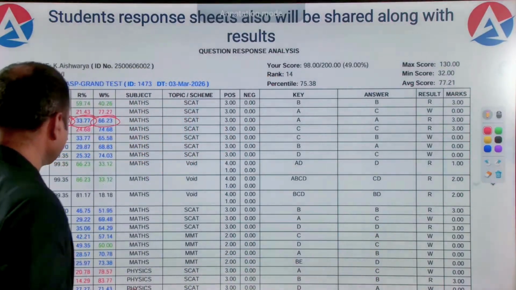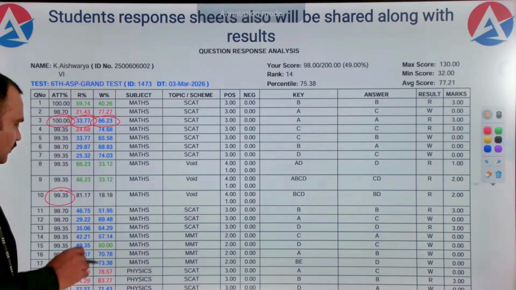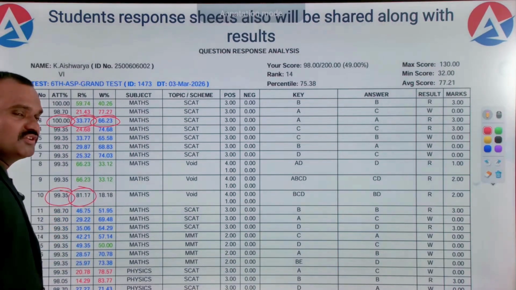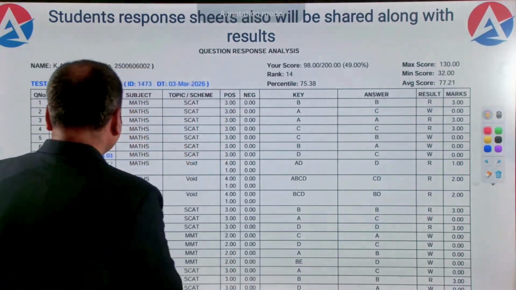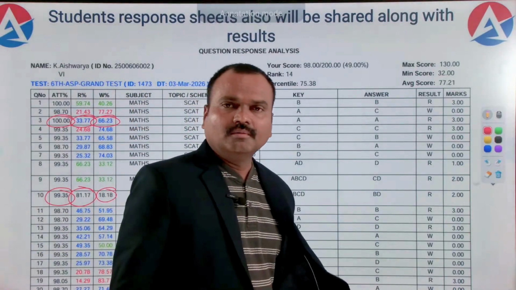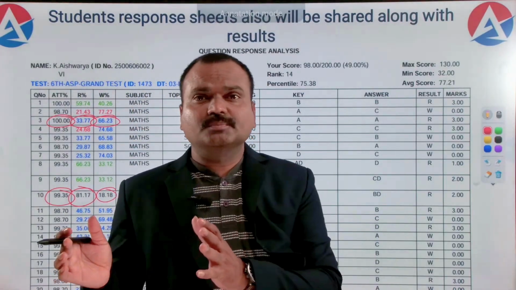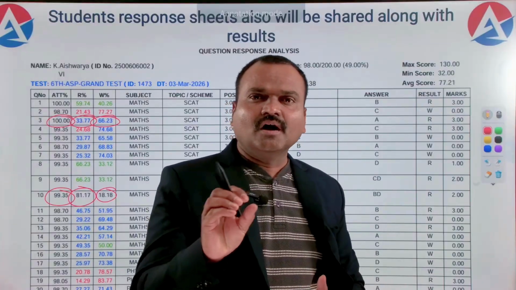If there is a question like this, where around 100% of students attempted it, 82% of students made it right and only 18% made it wrong, it means almost 82% of students made it right. That means it is a question given on a simple concept.